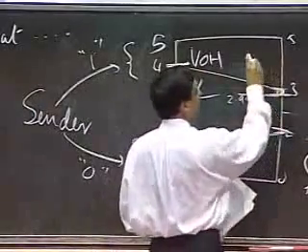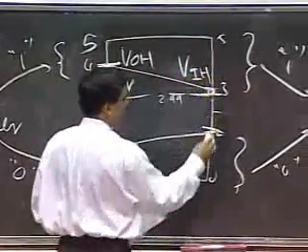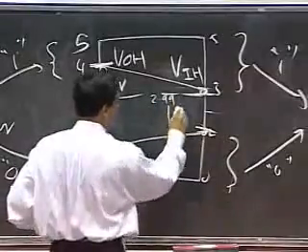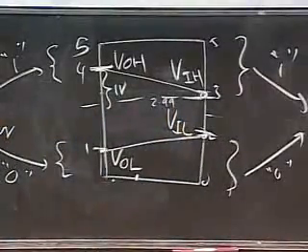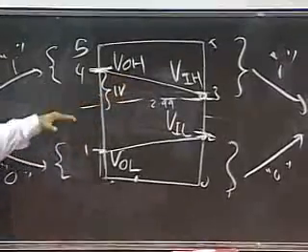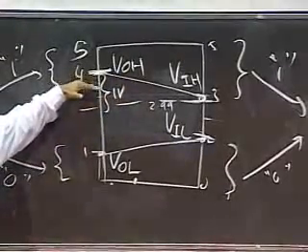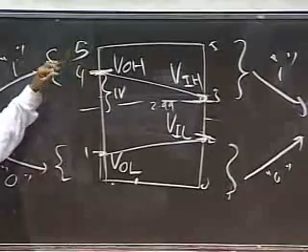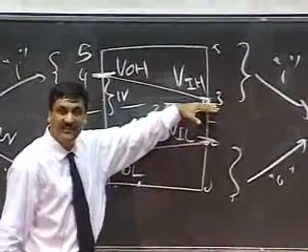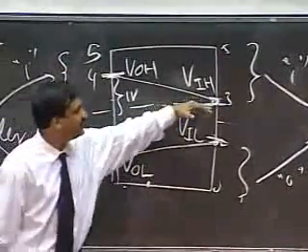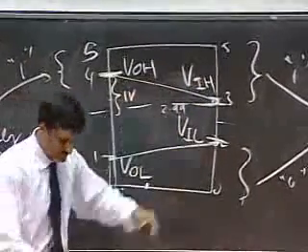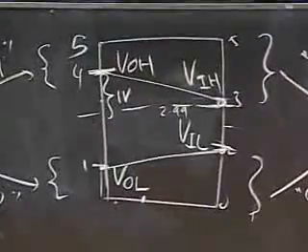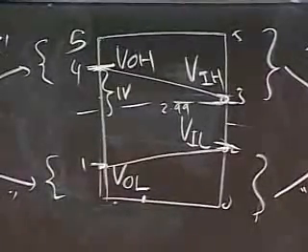This threshold here is called V input high, and this threshold here is called V input low. So VOH simply says that senders must send voltages higher than VOH. Receivers must receive values higher than VIH as a 1. So these 4 thresholds together give you your discipline.